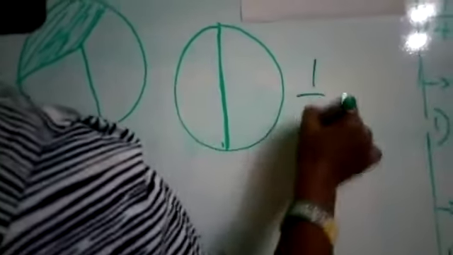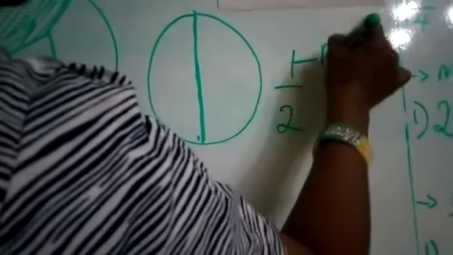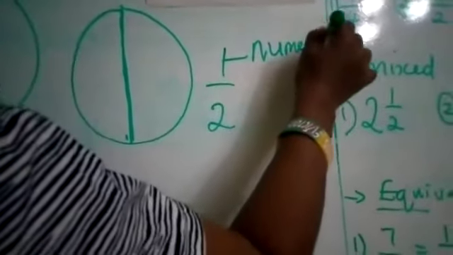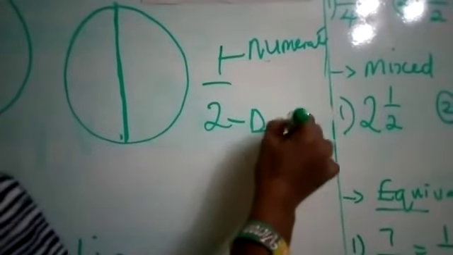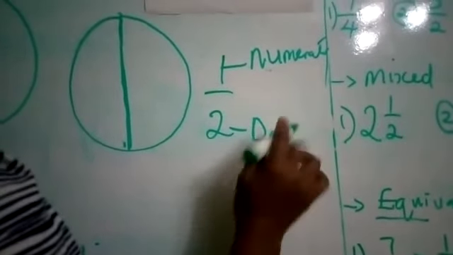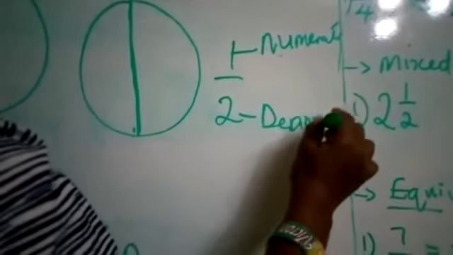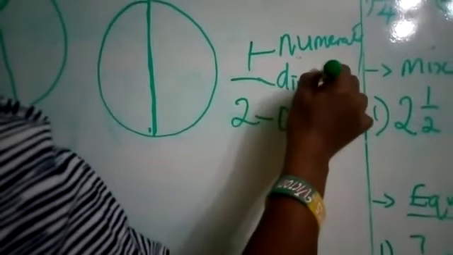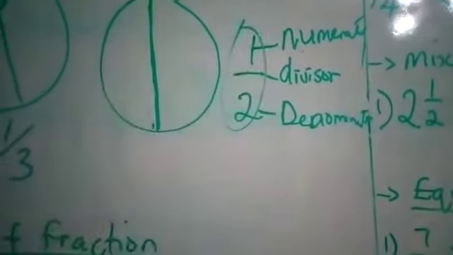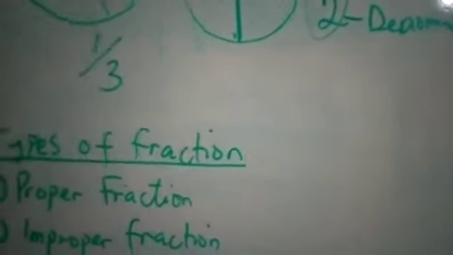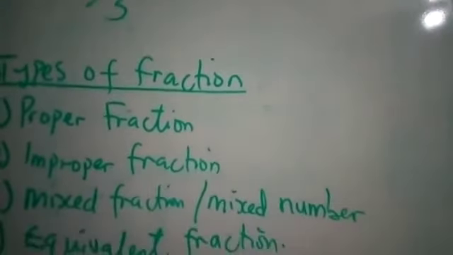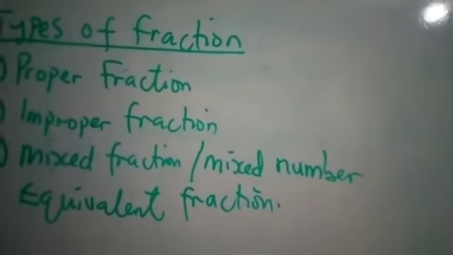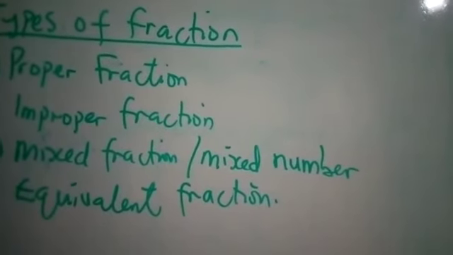Let's say this is 1/2, this is the numerator, and this is the denominator. This is the divisor. So this is a fraction. So we went into types of fraction. We said we have proper fraction, improper fraction, mixed fraction, and equivalent fraction.